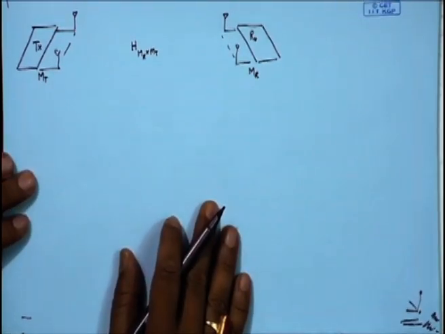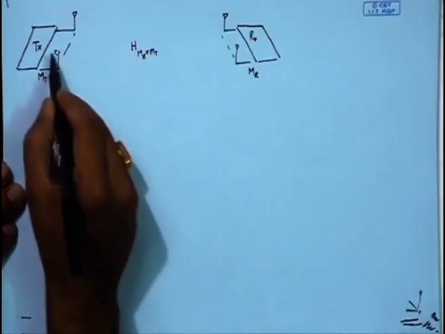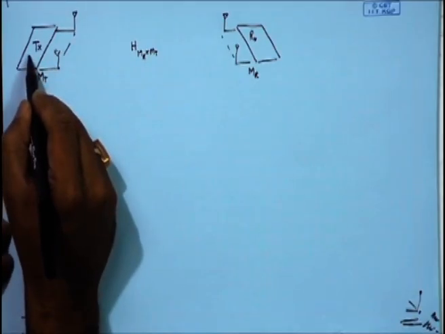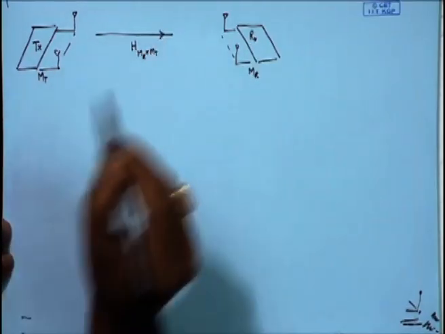Now we need to look at two different configurations. One configuration is when there is no channel state information available at the transmitter, and the second situation is when channel state information is available at the transmitter. So the first case, when there is transmission from the source to the destination, it is all in this direction.